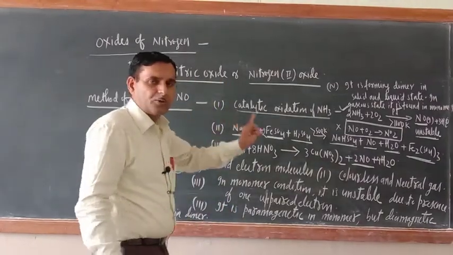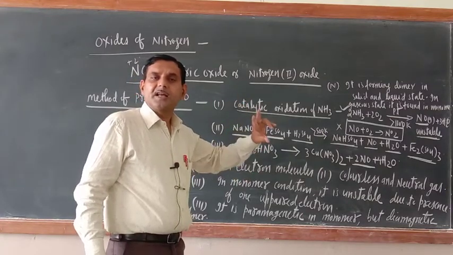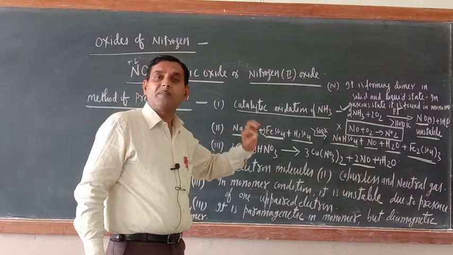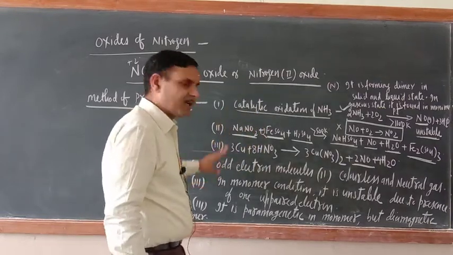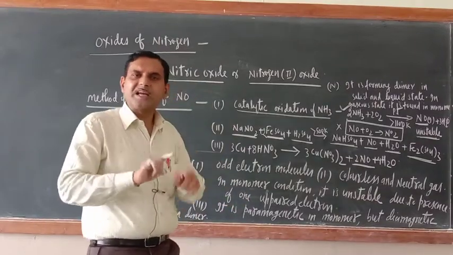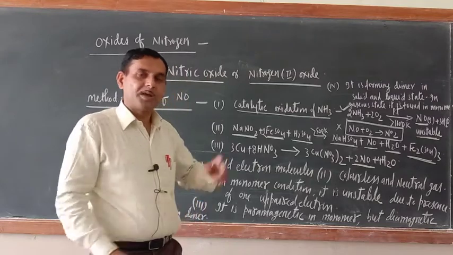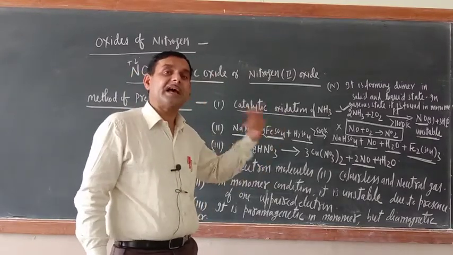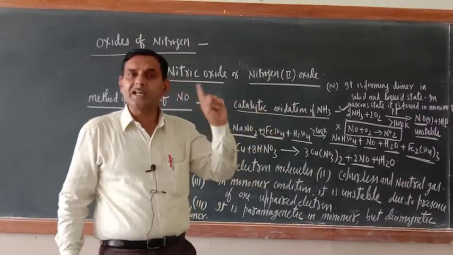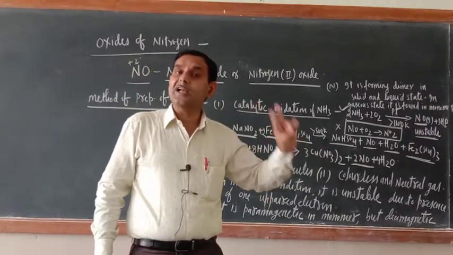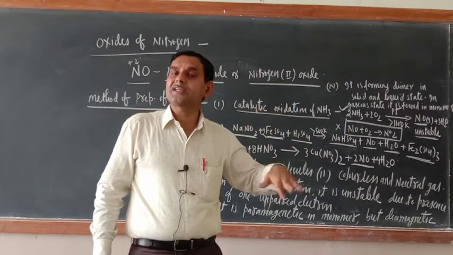NO is the monomer; when one more molecule of NO comes, they combine to form the N2O2 dimer. Remember, in monomer condition it is paramagnetic due to one unpaired electron, but in dimer condition it is diamagnetic. So it is found in monomeric condition in the gaseous phase, and in dimeric condition in solid and liquid state.